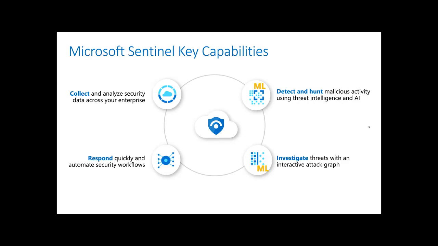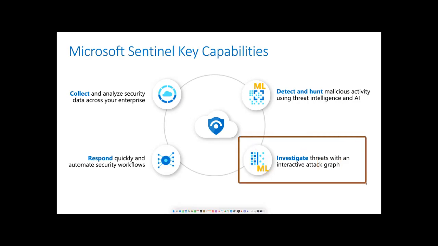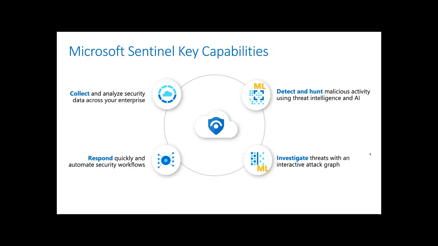Next, we also have the ability to investigate threats with an interactive attack graph. After we turn those low fidelity and informational alerts, which are often ignored, into a high fidelity incident, we provide an interactive graph that gives your SOC analyst an entry point to understand all the entities that are part of the overall attack and the various activities that were executed throughout the entire attack phase.